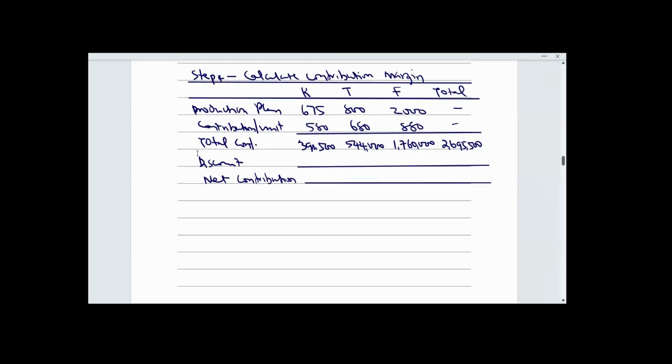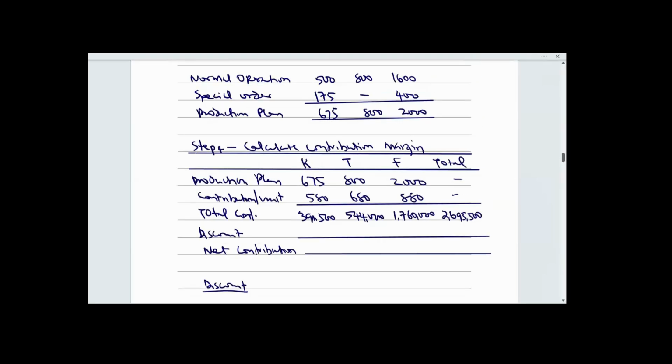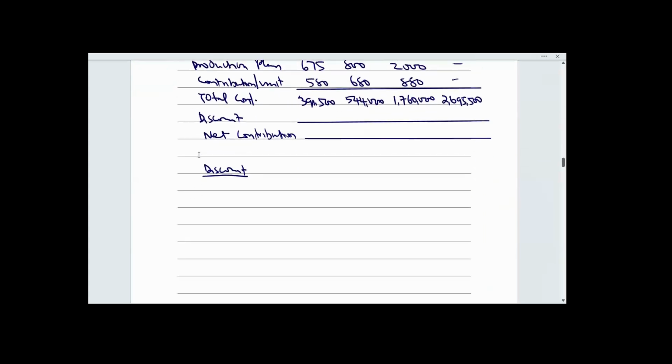So in this case, I would then say discounts. Based on our allocation, we are producing 175 units for K. K equals 175 units multiplied by the discount of 200.